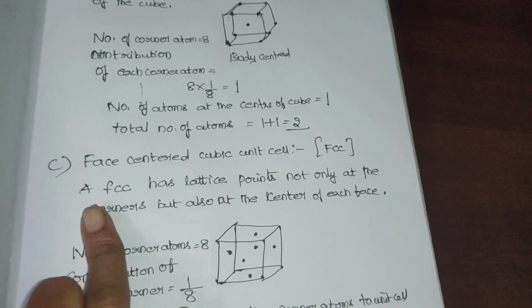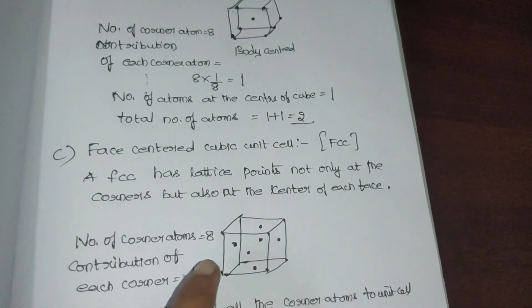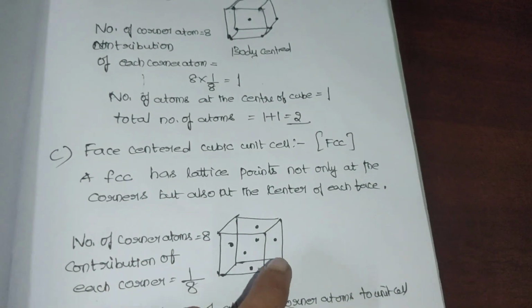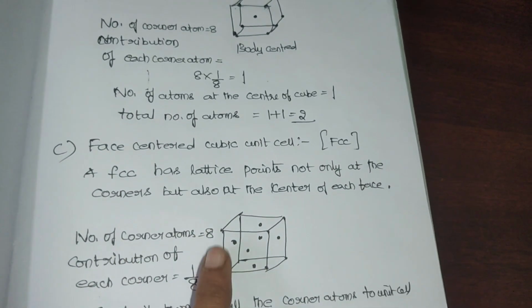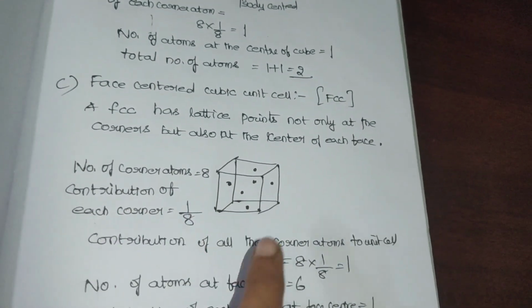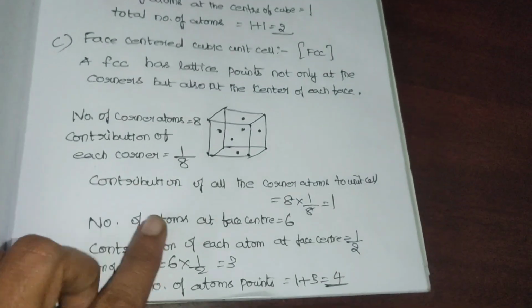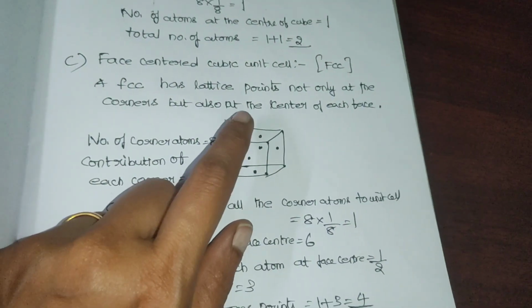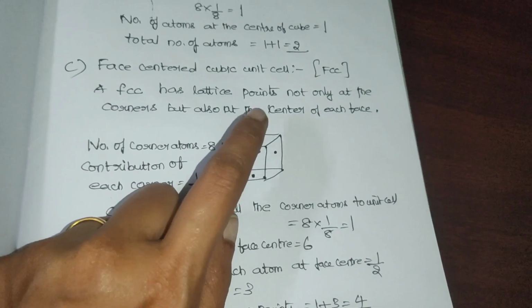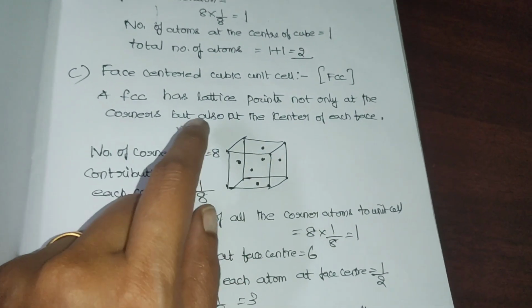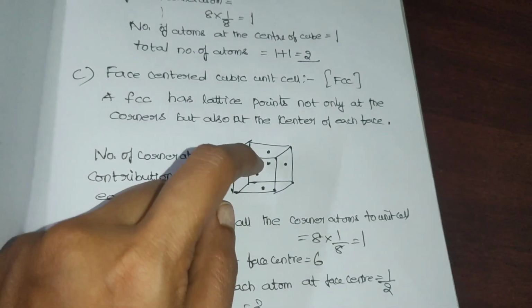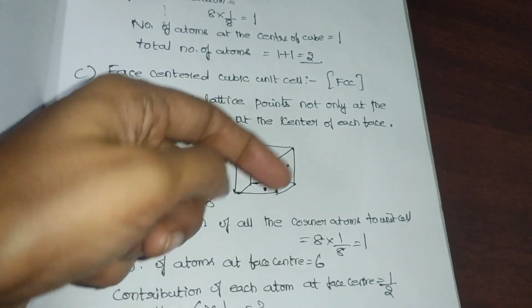Next, the face-centered cubic unit cell. A face-centered cubic unit cell has lattice points not only at the corners but also at the center of each face. The number of corners is 8, as we know, and the contribution is 1 by 8, so 8 into 1 by 8 is 1. Now how many faces are there? Up and down, 1, 2. Sides, 3, 4. Front and back, 5, 6.